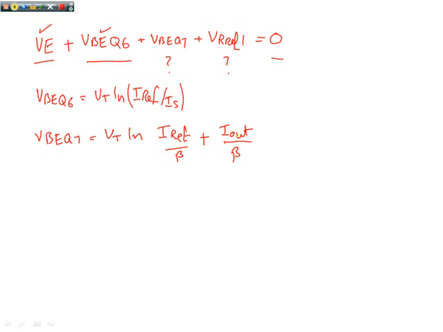Okay, these are running at different values of current, so the reference is different to the output. So those are our two currents, and those two currents are now divided by IS. Note the check: VBE Q7 is going to be substantively smaller than VBE Q6. Why? Because we've got divide through by beta here.